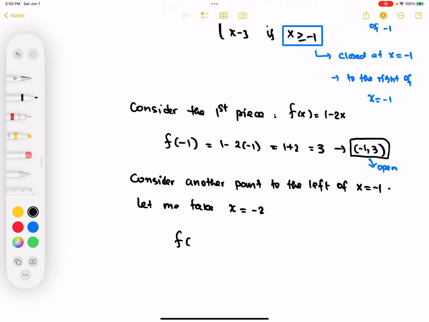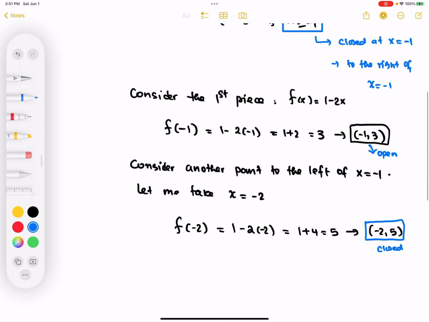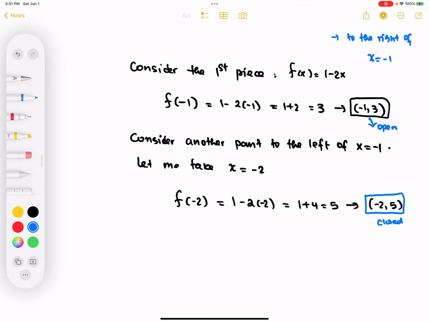So f of negative 2 is equal to 1 minus 2 times negative 2, which is 1 plus 4, which is 5. The ordered pair becomes negative 2, 5. This one is defined and it is closed. All right, so I have to join the two points.